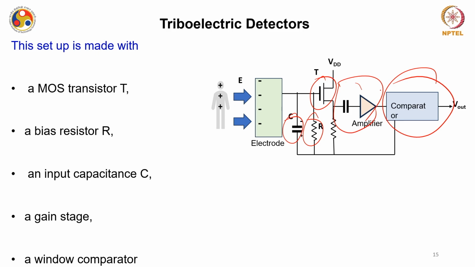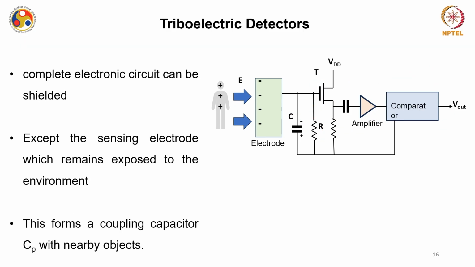This is a typical configuration of a triboelectric detector. Now this complete electronic circuit can be shielded from the charges in the vicinity.